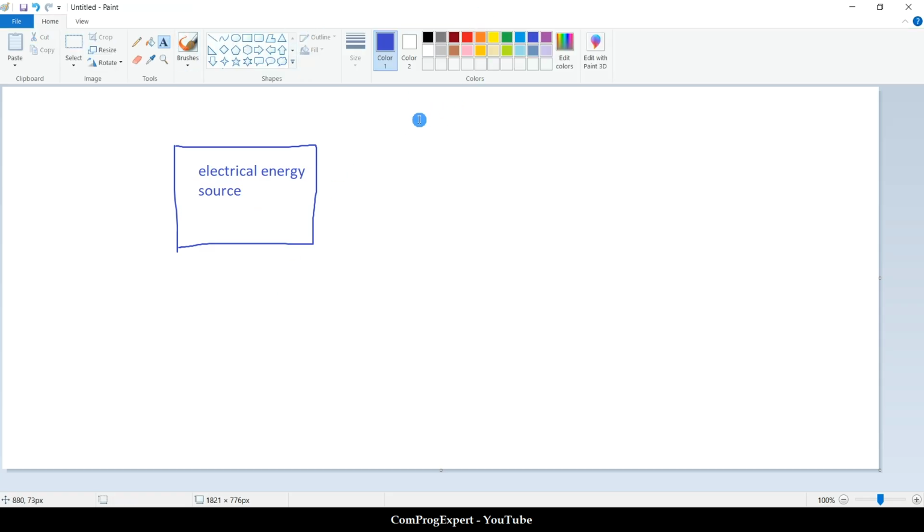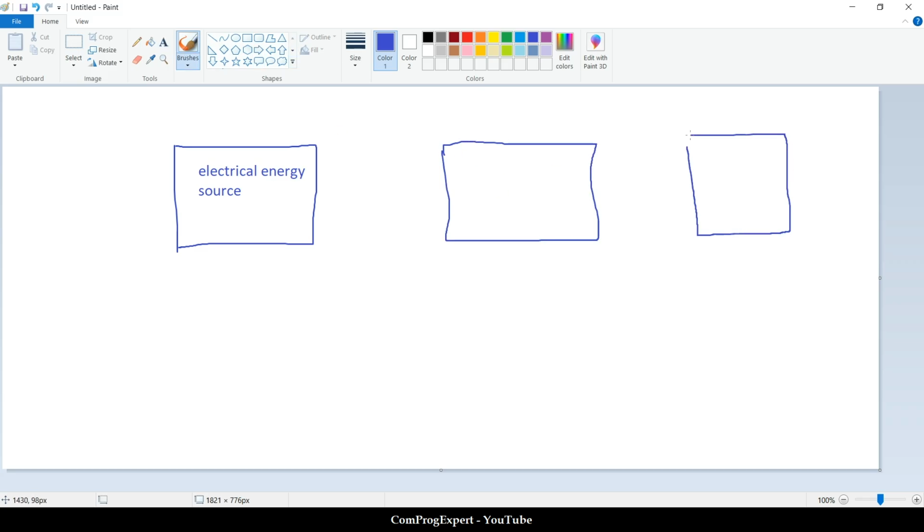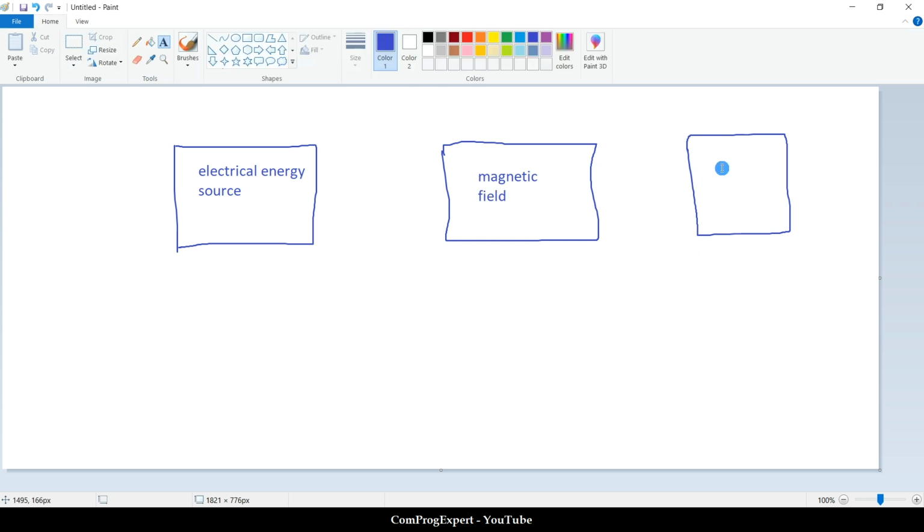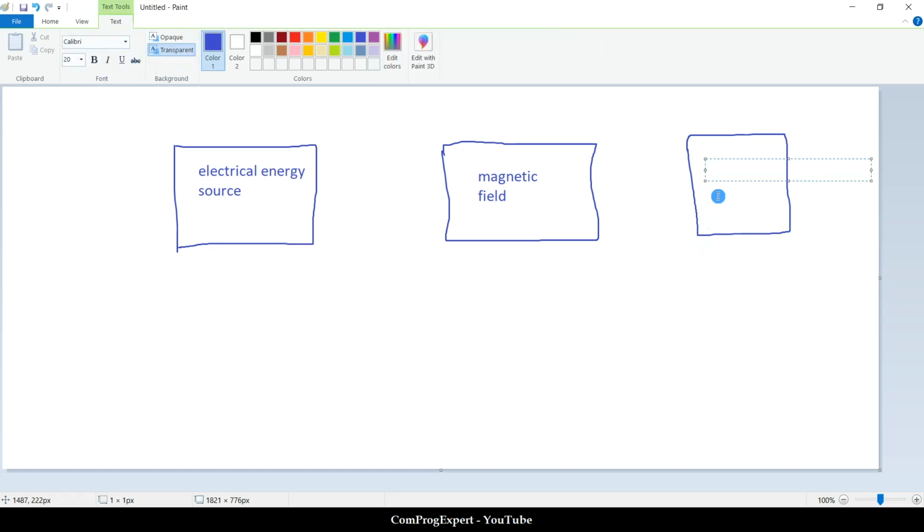And we have a coupling field here, a coupling magnetic field, and finally this mechanical output power. So this is the magnetic field, and this is the mechanical part, or the output mechanical energy.